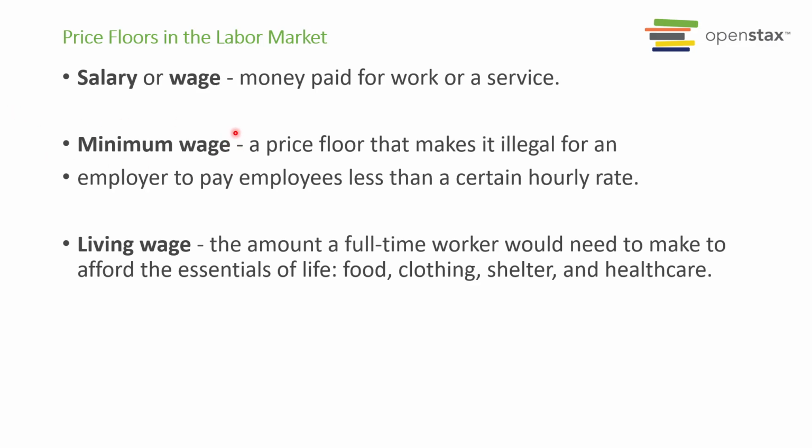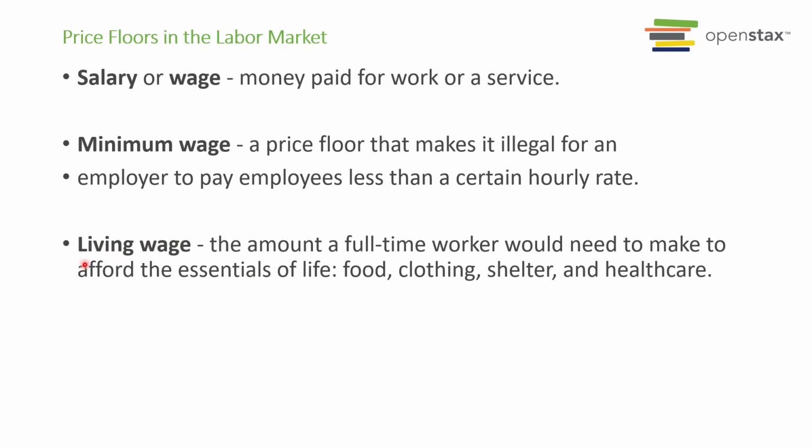This is a policy that's put in place to try to help people earn what's called a living wage. A living wage is the amount a full-time worker would need to afford the essentials of life, including food, clothing, shelter, and health care. Obviously, depending on what part of the country we're talking about, this living wage is going to be high or low.